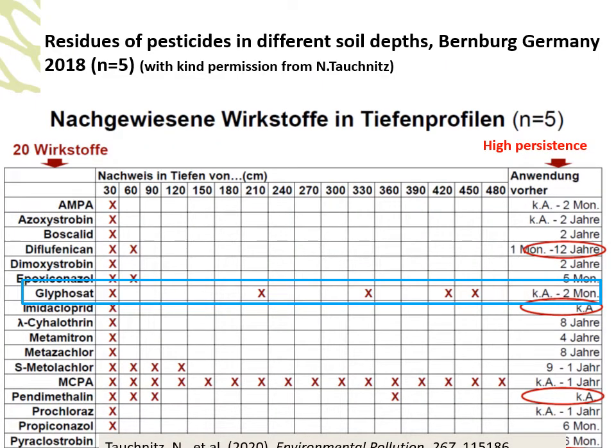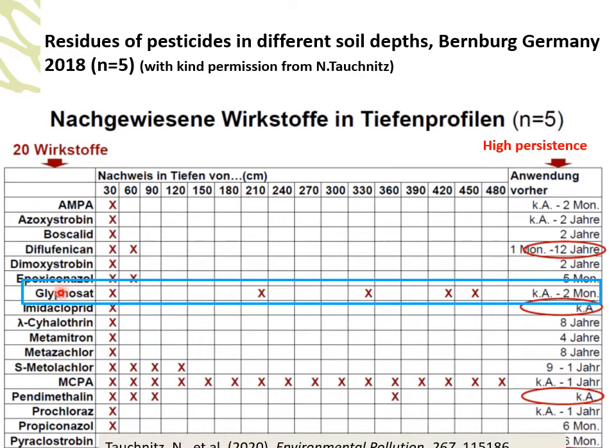Also in the soil, many times people have claimed that glyphosate binds to the soil particles and is not washed out into the ground, but there are data from a long-term monitoring in central Germany, and they went down to 4.8 meters in the ground.